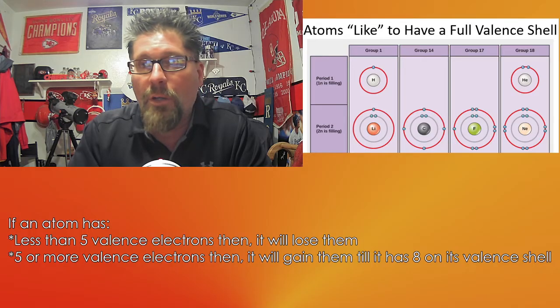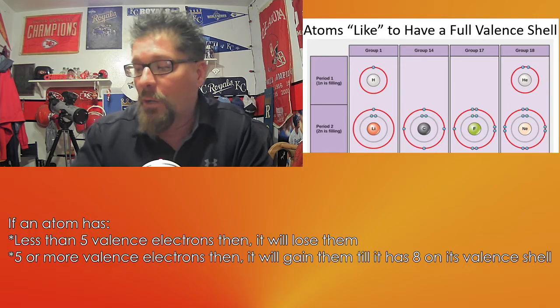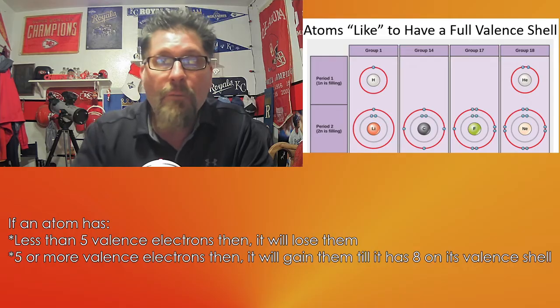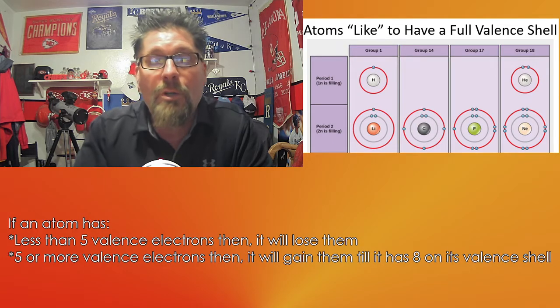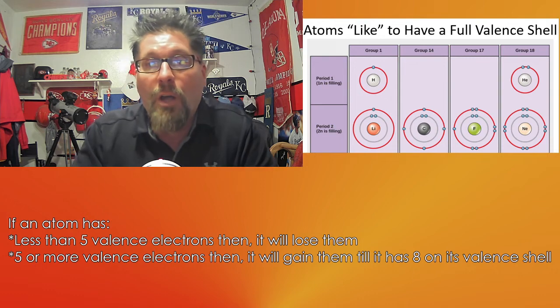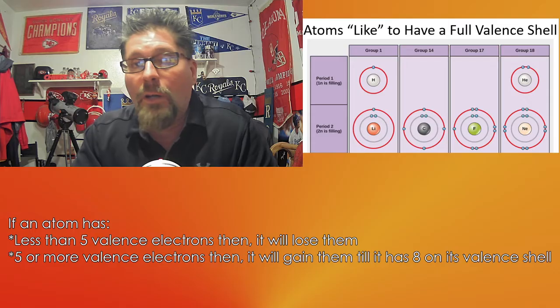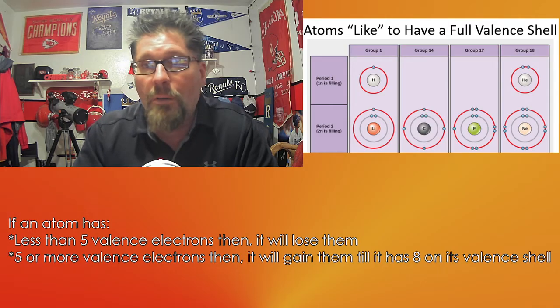But it's a full outer ring. It will not bond. If we look at lithium, lithium has 1 valence electron on its valence shell, so that's certainly less than 5. It will be looking to give up that electron and then fall back to the first ring, which is full. That's what it's trying to do, get a full outer shell.